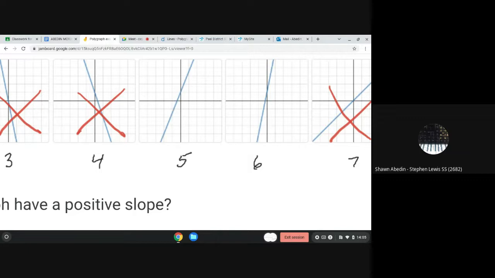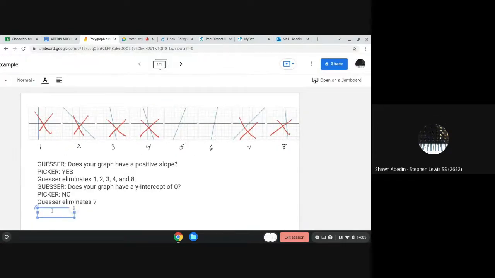So, guesser: does your graph pass through the point -2, -4? Picker can say yes.